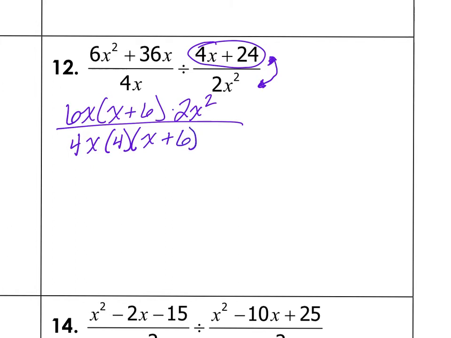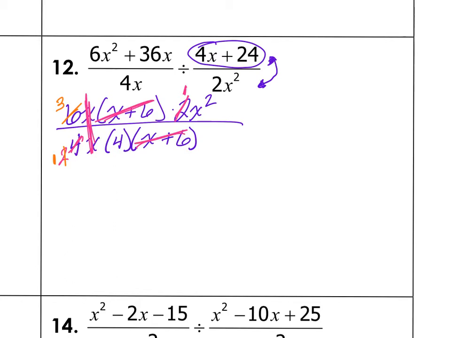Now I want to see if I can make some ones here. Let's do the numbers first. So 2 goes into 2 one time and into 4 2 times. And then 2 goes into 2 one time and into 6 3 times. Okay. And then I have an x on bottom and an x on top. And I have an x plus 6 and an x plus 6.